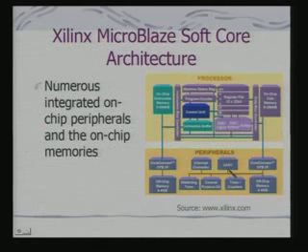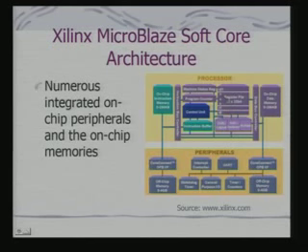If you look at the basic structure of this MicroBlaze soft core architecture, you will find that this is basically the processor configuration. This processor configuration and the processor logic, how it would work, everything should be available in a VHDL form. Along with it, you have peripherals. So, numerous integrated on-chip peripherals and on-chip memories have been provided here. Here you find an on-chip data memory.